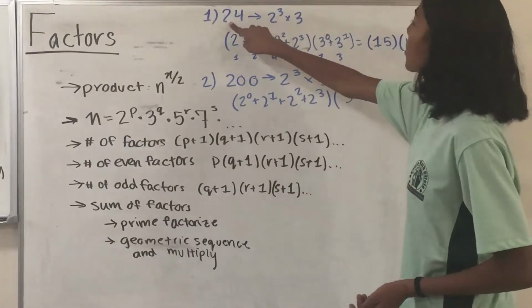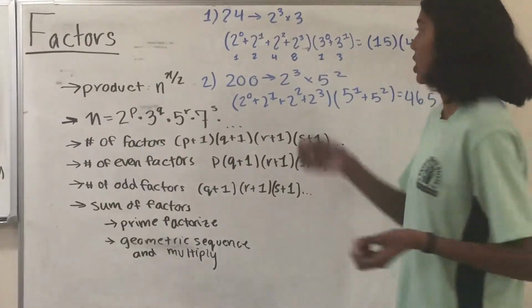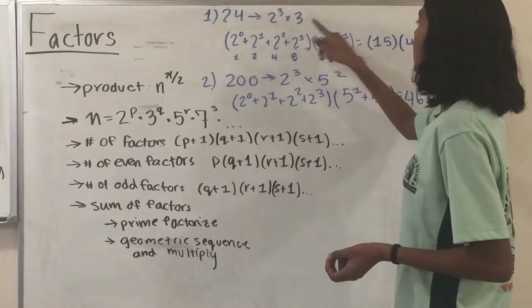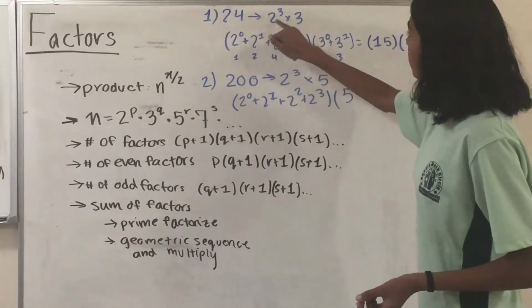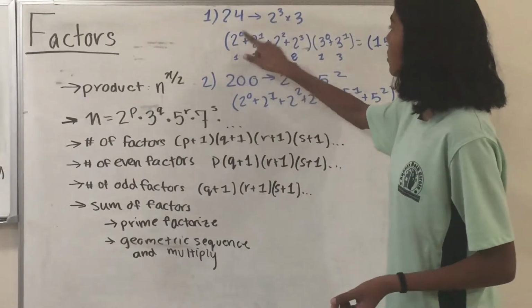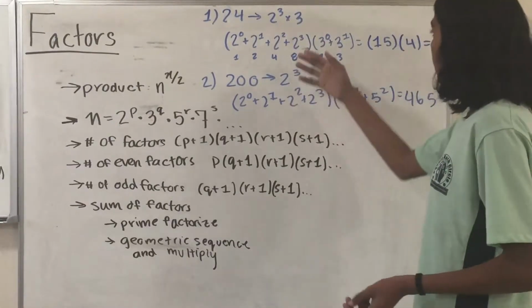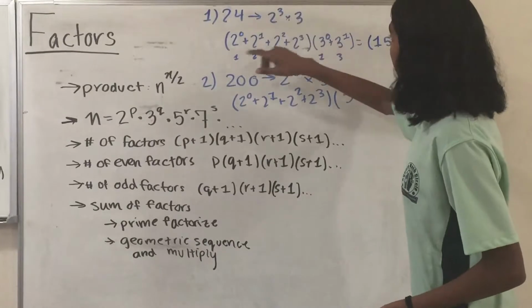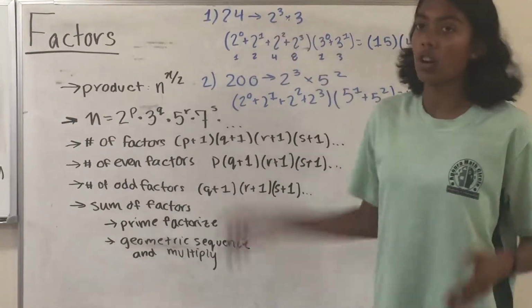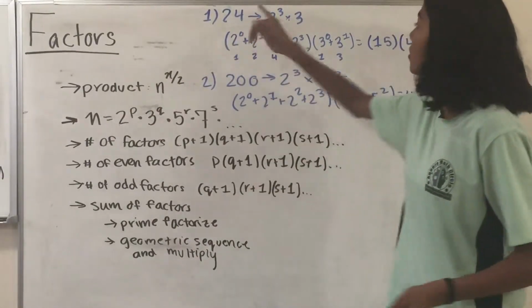So let's say we have the number 24. Its prime factorization is 2 cubed times 3. For the 2 cubed, I'm going to rewrite this as 2 to the 0 plus 2 to the 1 plus 2 to the 2 plus 2 to the 3. I would write the 2 part starting from 0, going all the way to the exponent.